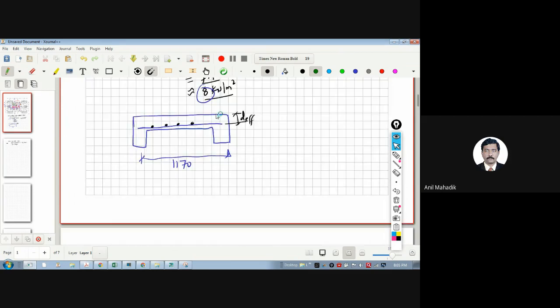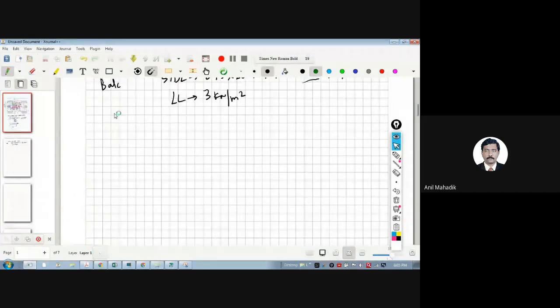So if you look at the section of the continuous slab, let me draw it fresh.